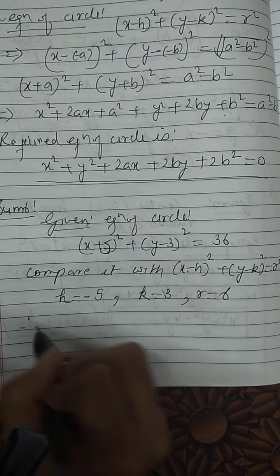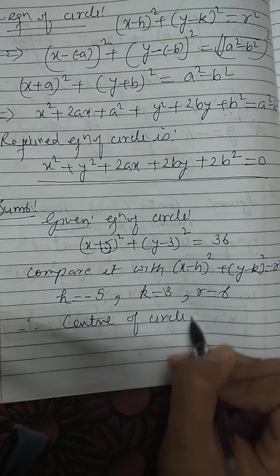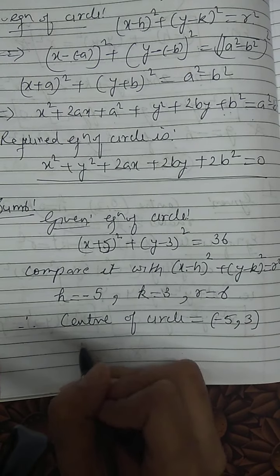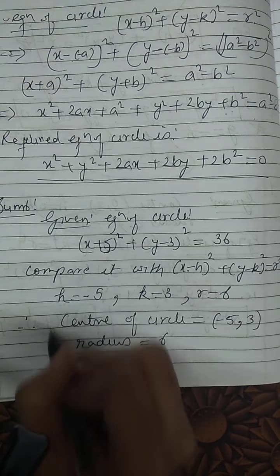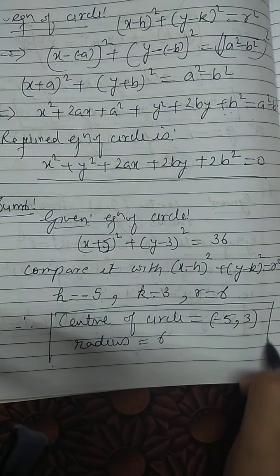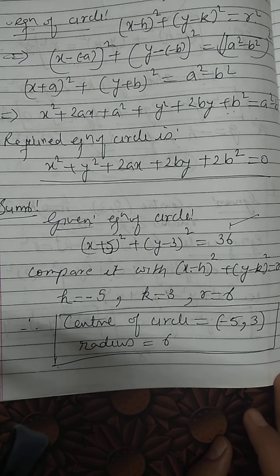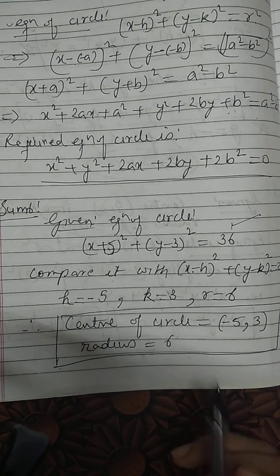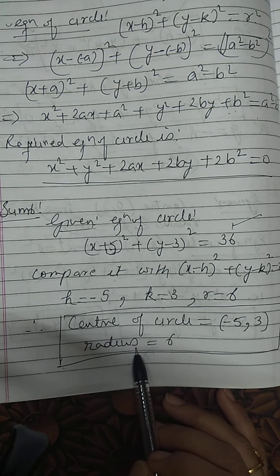So we can say therefore center of the circle will be minus 5 comma 3 and radius equals 6. So this will be the answer for this given equation of circle. We just compare it with the standard equation of circle and we get the answer. Here the equation is already given in the standard form, we are just comparing and getting the answer.